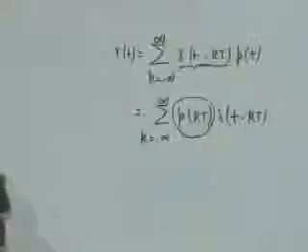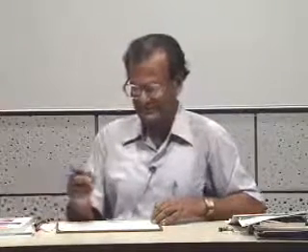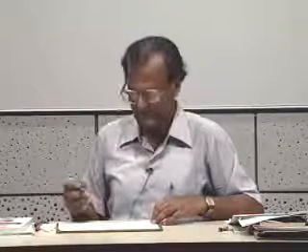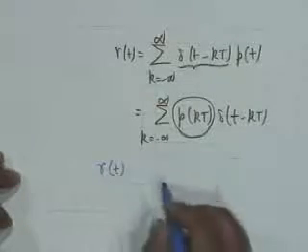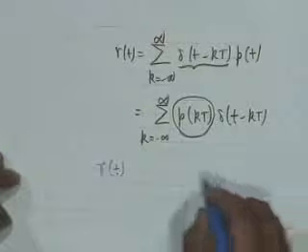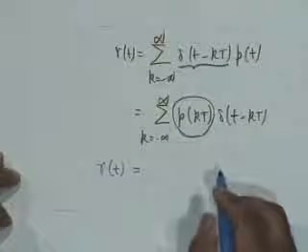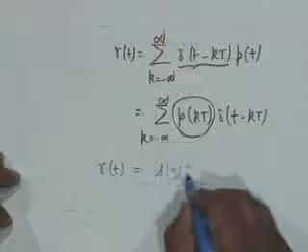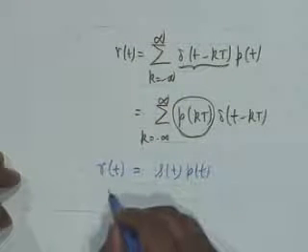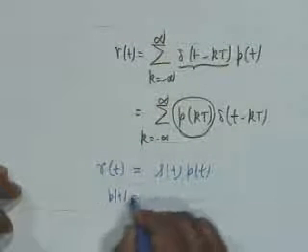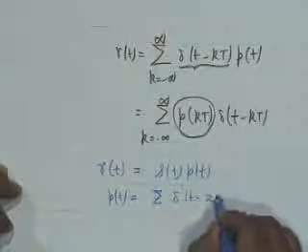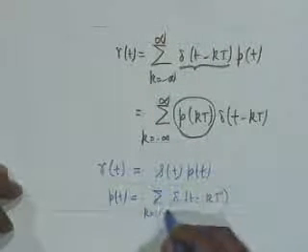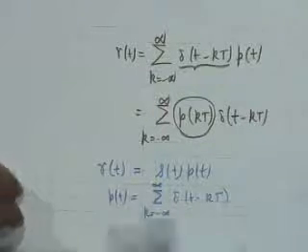Now, what happens? Let's see, if we do this sampling, then what happens in the frequency domain? You see, what we are doing is, we are multiplying S of t by P of t, where P of t is equal to summation delta t minus kT, k goes from minus infinity to plus infinity.